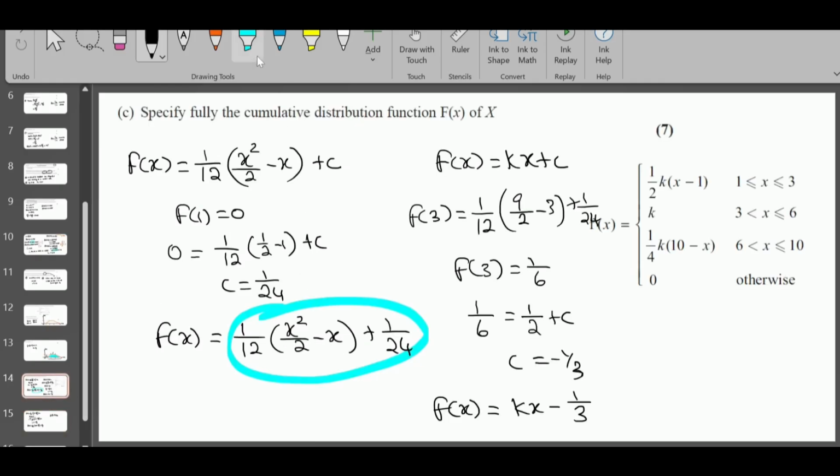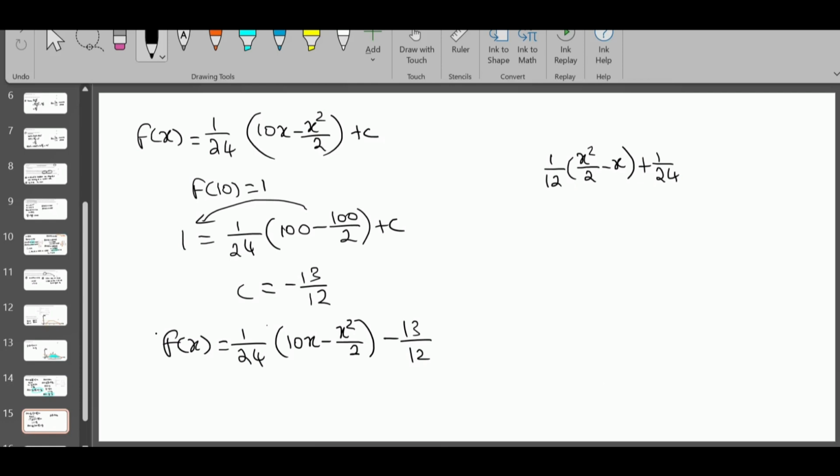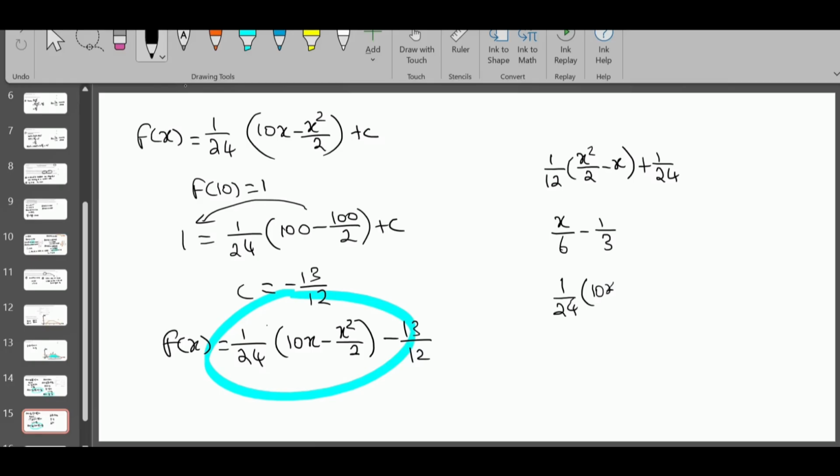And then the second one is kx. Now don't put kx. We know the value of k is 1 over 6. So it's x over 6 minus 1 over 3. And the third one is 1 over 24 times 10x minus x square over 2 minus 13 over 12.